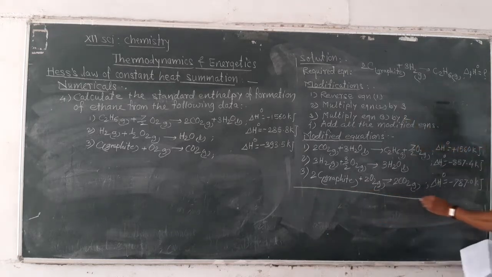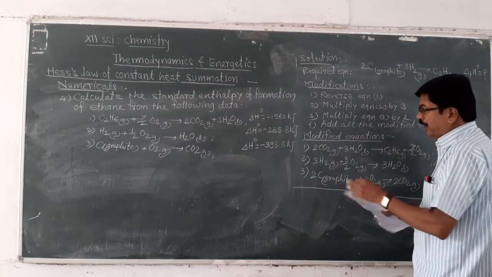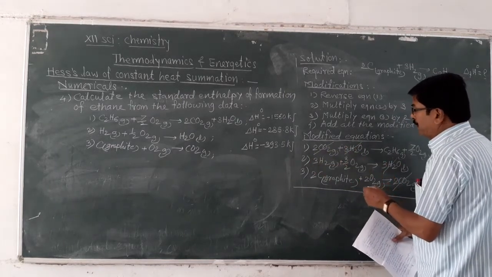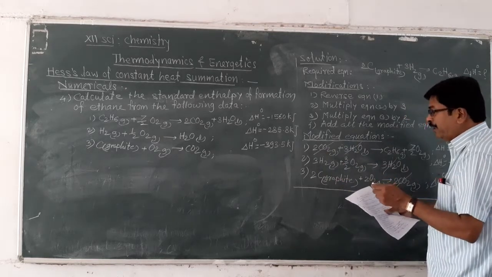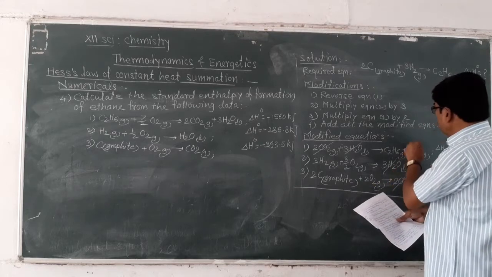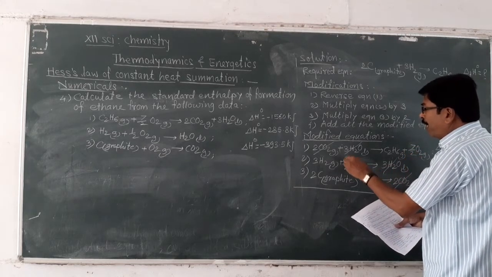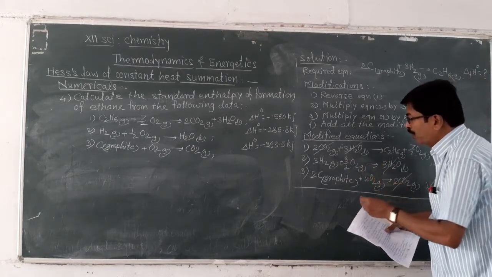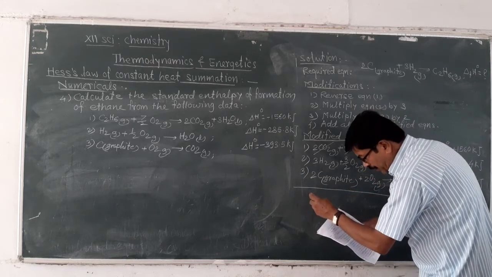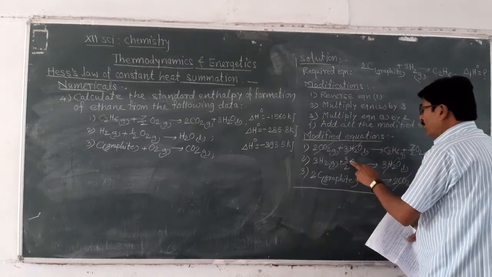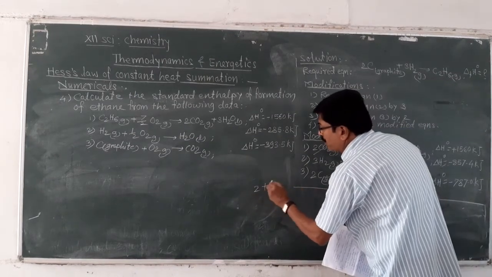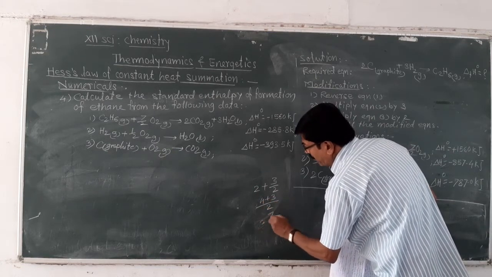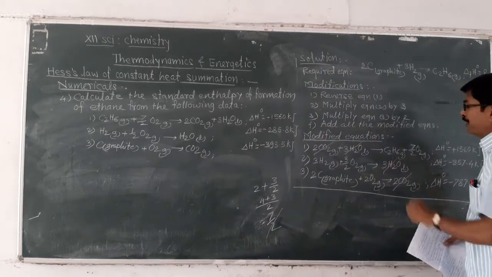And finally, we have to add all these 3 equations. 2 CO2 gets cancelled, 3 H2O gets cancelled. What is left behind? On the product side, 7/2 O2, and on the reactant side 3/2 plus 2, which becomes 7/2, so it gets cancelled with this.